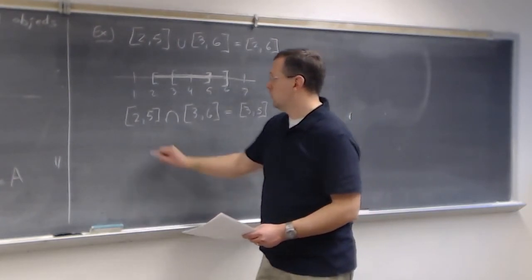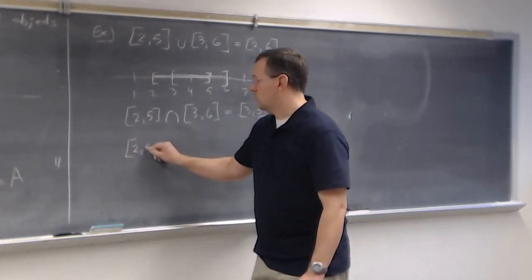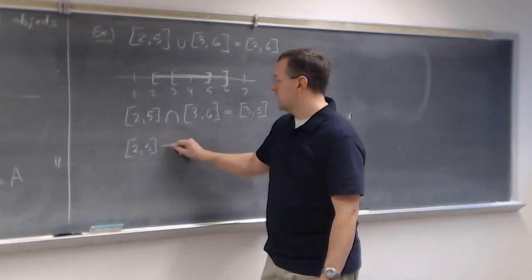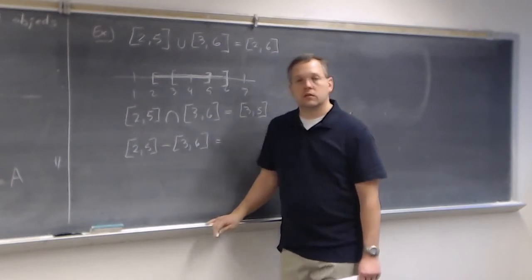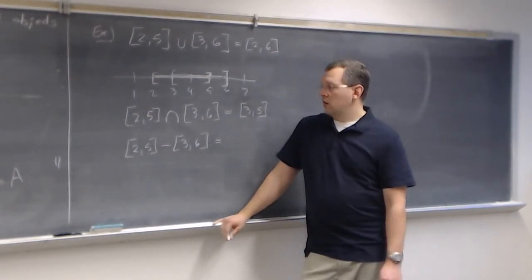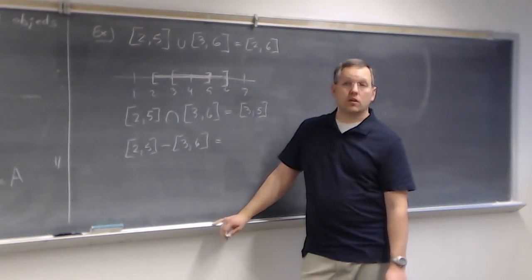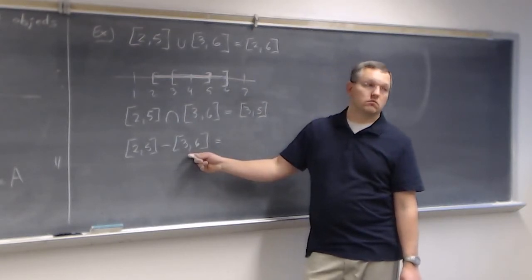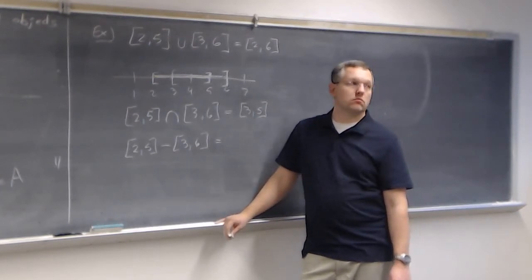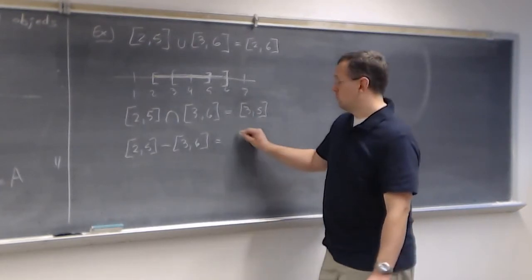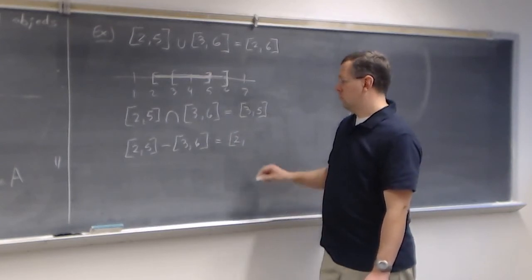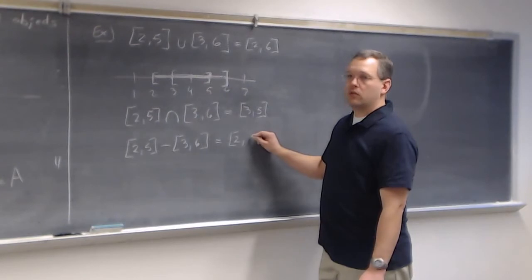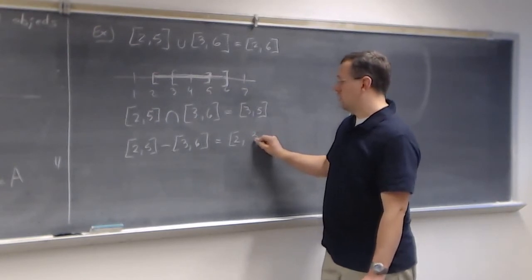What if I did an interval from 2 to 5 minus an interval from 3 to 6? Start with 2 to 5, and then take out any number that's also in this interval. Bracket 2. What's the right endpoint? 3.